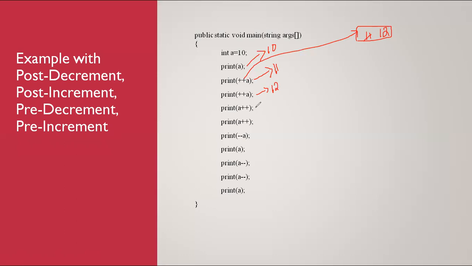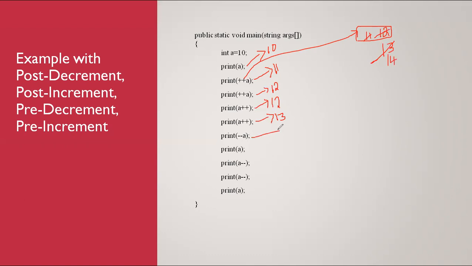So here it is post increment, which means it will print 12, and after this statement, the a value will get incremented to 13. Okay, so it is again post increment. The value of a is 13 now, so it will print the value 13, and after the statement, the value of a will get increased by 1, that is 14.